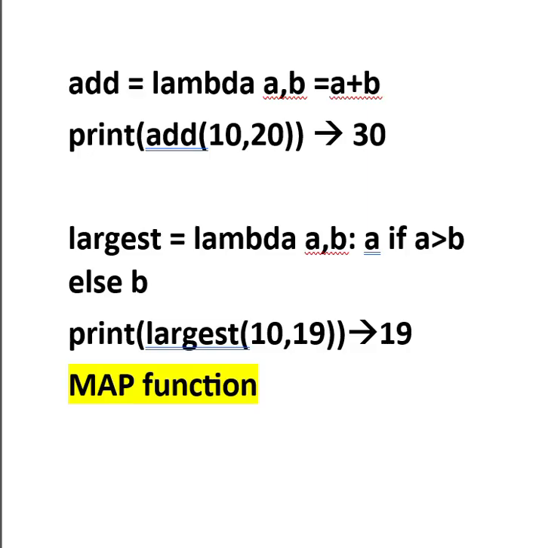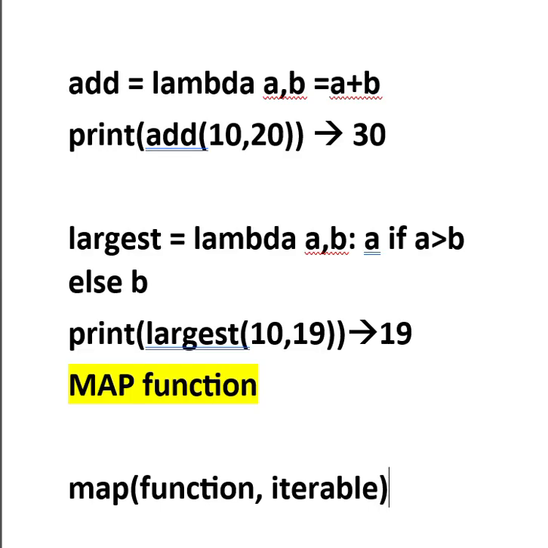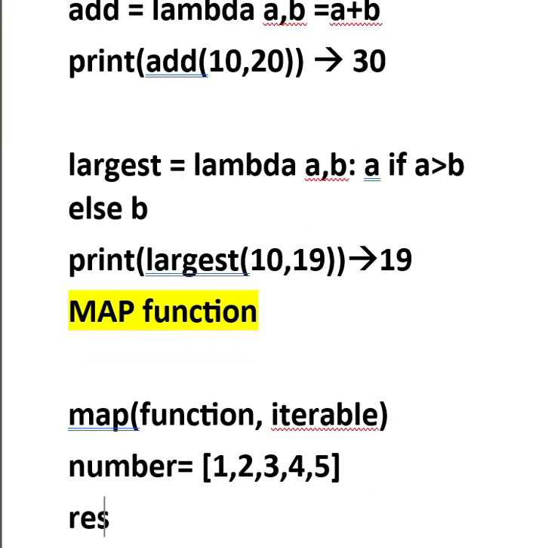The syntax is map of function comma iterable. For example, I am going to take a variable, numbers is equal to 1, 2, 3, 4, 5.